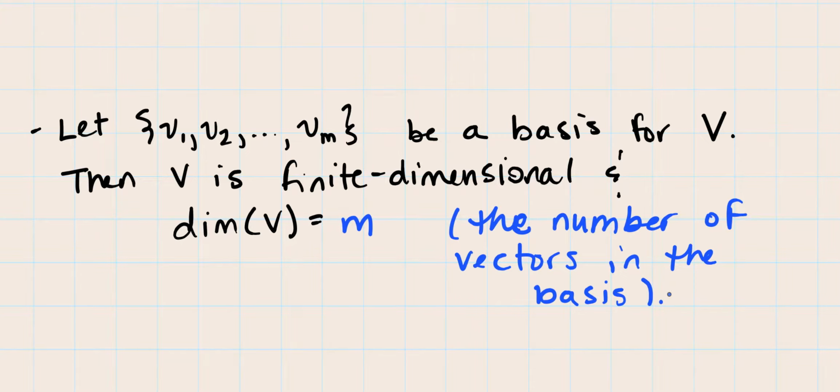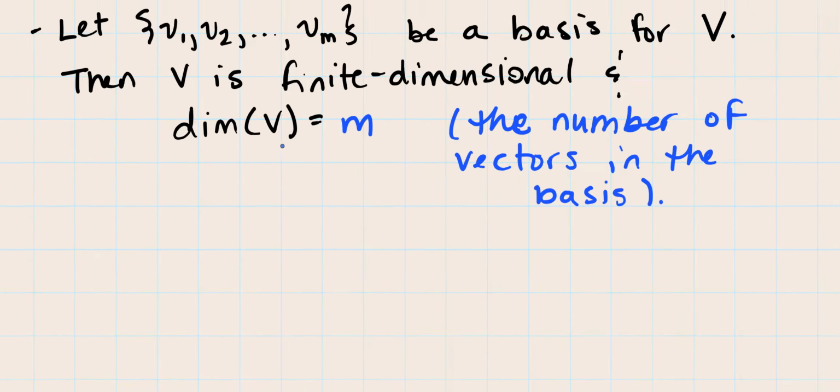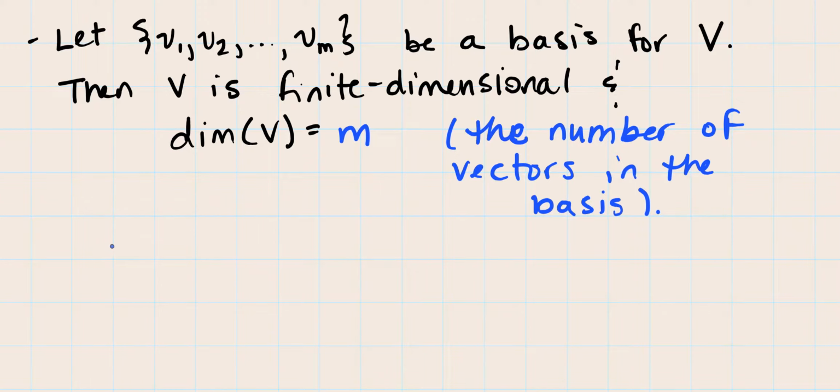So like R3, you know that's a 3-dimensional space, and that's because you can find 3 vectors that are linearly independent and span the vector space R3. Now, it is possible for a vector space to be infinite dimensional, meaning that there's an infinite number of vectors in its basis.